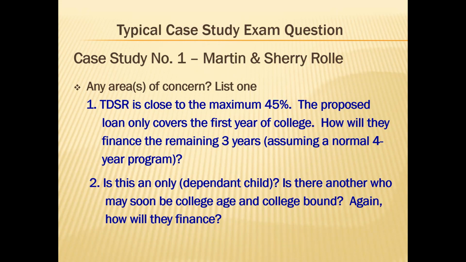Oftentimes people say that the bankers collect a lot of information that's useless, but I know they collected it. But it's incumbent upon us as bankers to use that information. So, for example, if these people had a paint collection or jewelry collection of $120,000, what is more important to you, that painting collection, that jewelry collection, or your child's education?